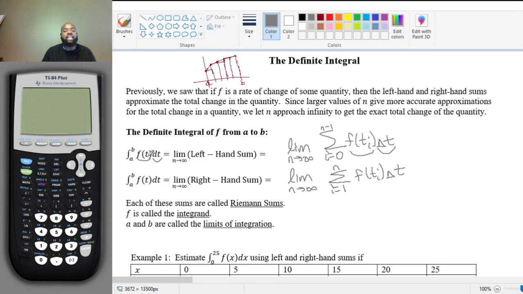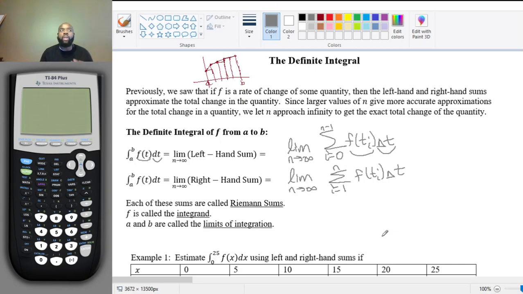What function you're taking the integral of is your integrand. All right, and a and b, those same a and b's from when we were using our rectangles before, when we use integral notation, we call these the limits of integration. All right, and so integration is the process of finding an integral. And so this is what we're going to start doing today.